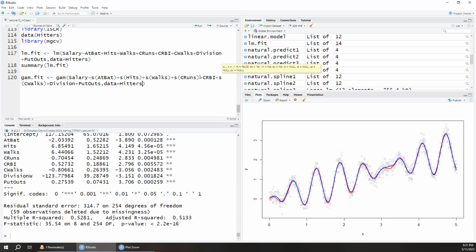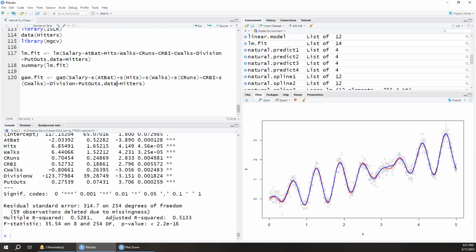The other thing that I'll note is that I haven't smoothed out all the variables, and that's not a typo. So CRBI, the division, and putouts, these are all left in the regular form without the smoothing spline.